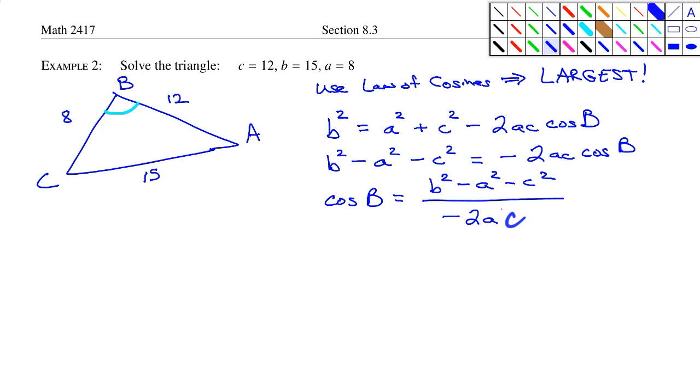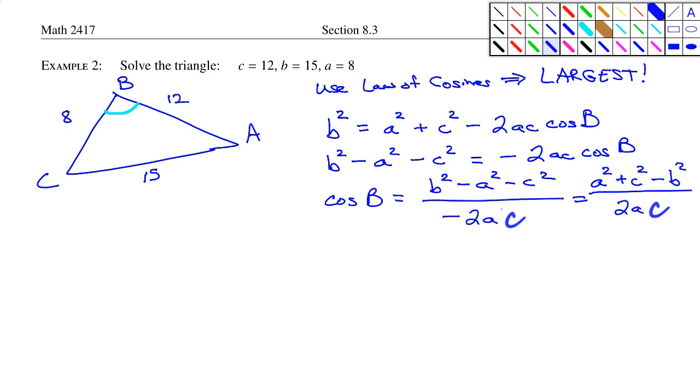Some people like to write it like this: they take the negative from the bottom and distribute it through the numerator, and get A squared plus C squared minus B squared.